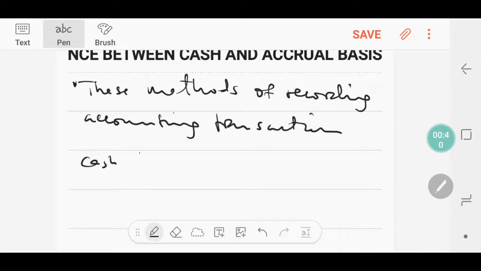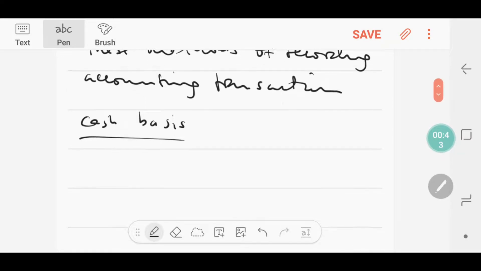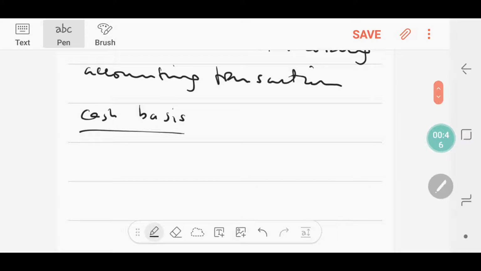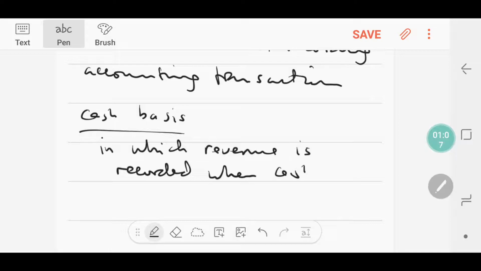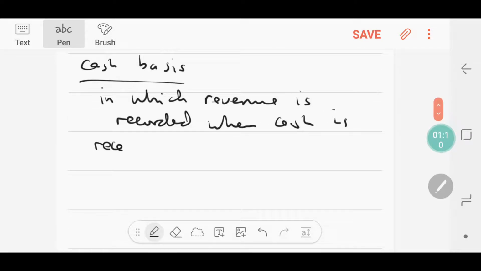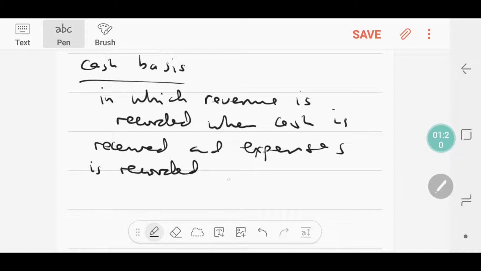What is cash basis? Cash basis is the method of recording accounting transactions in which revenue transactions are recorded when cash is received and expenses are recorded when cash is paid.